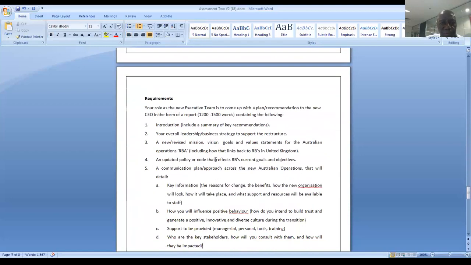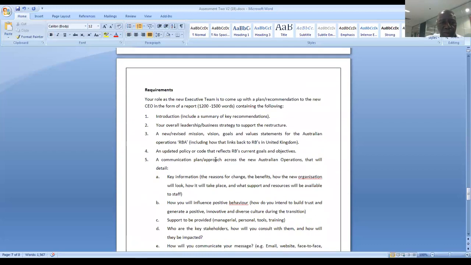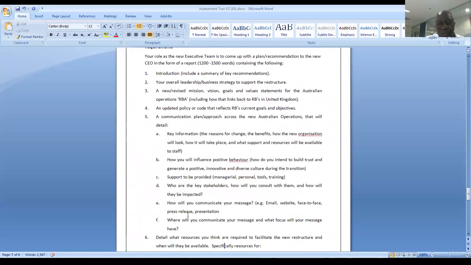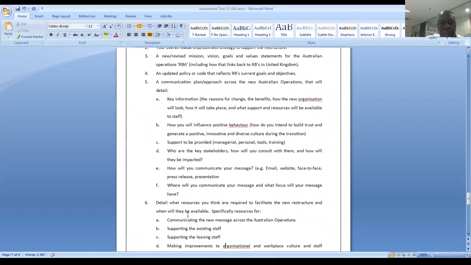So when you read this, you're going to write the introduction and your overall leadership strategy. What leadership strategy are you going to use? You're going to talk about your mission and vision. What is your mission? What is the vision of RBA? What do you want to achieve? What is your policy? And what sort of structure are you going to have in the new company?